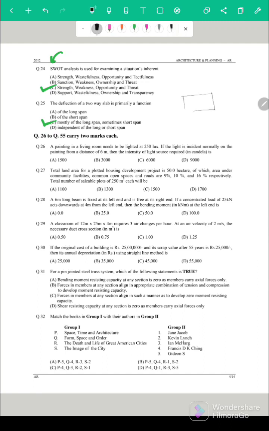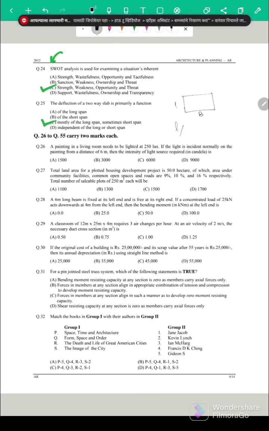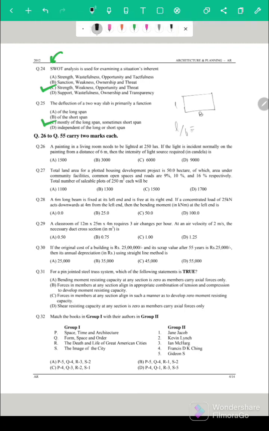Suppose it is a slab and it have a length and a breadth. So when length upon breadth is more than 2, it is a one-way slab.